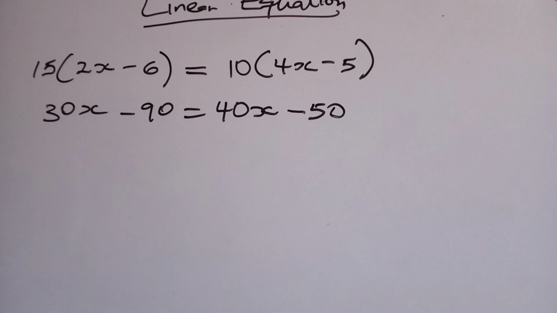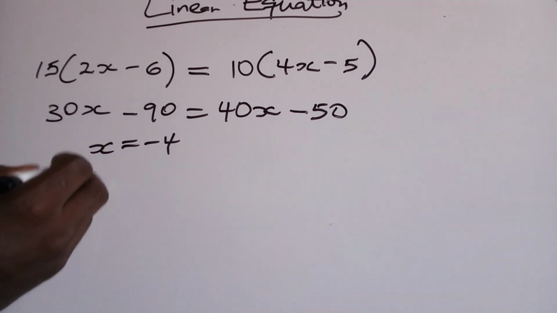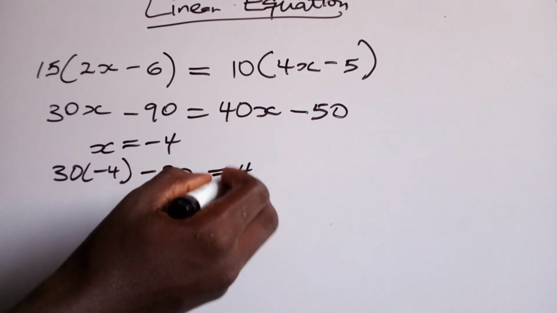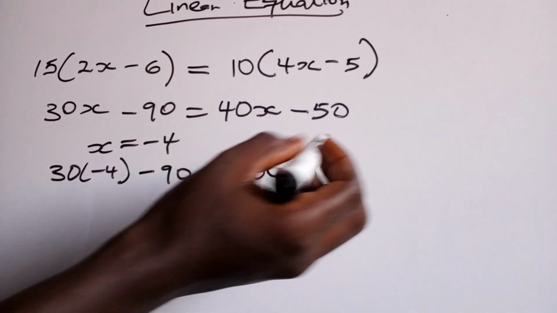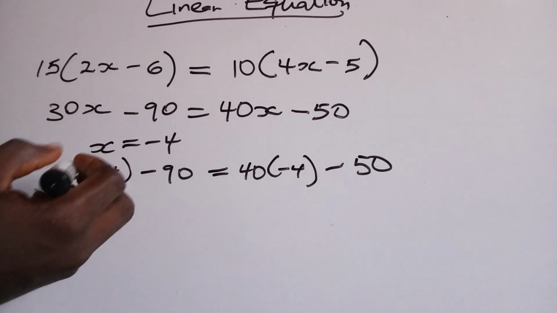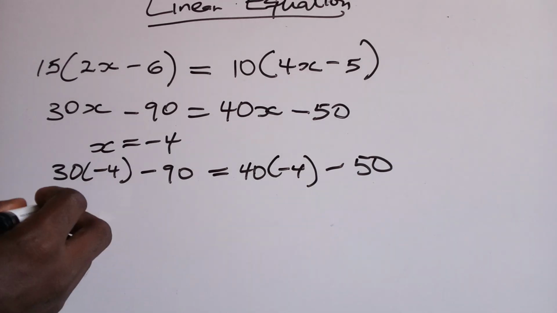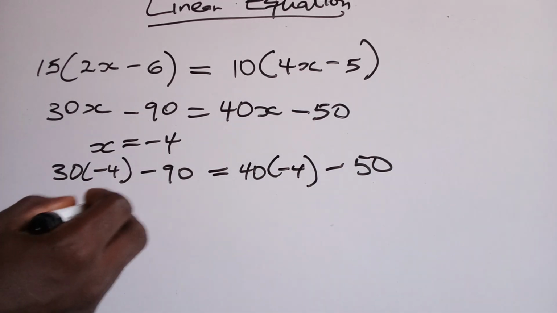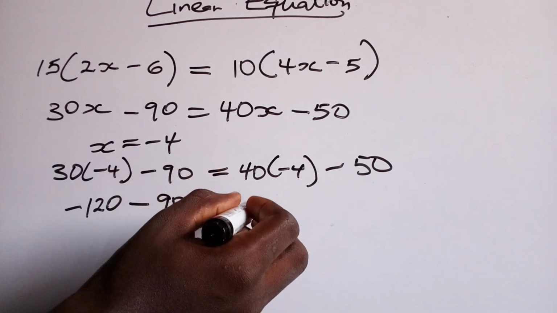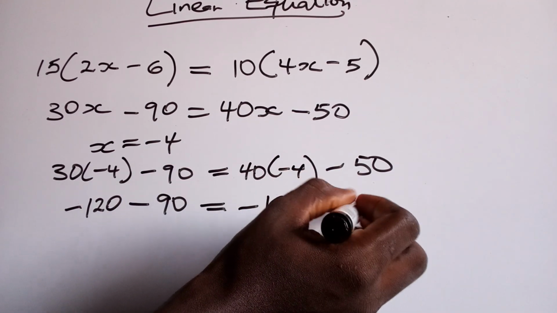So when we input the value of x equals minus 4 into the equation, you see 30 times minus 4 minus 90 equals 40 times minus 4 minus 50. Let's see how it goes. 30 multiplied by minus 4 to give us minus 120 minus 90 equals minus 160 minus 50.